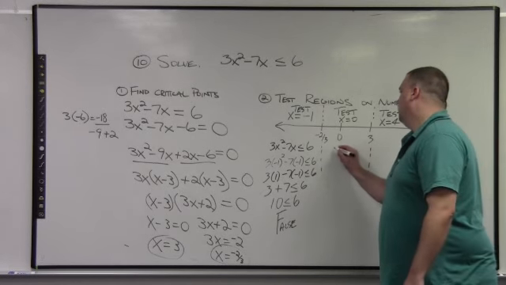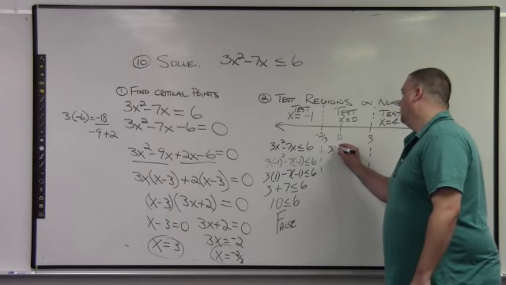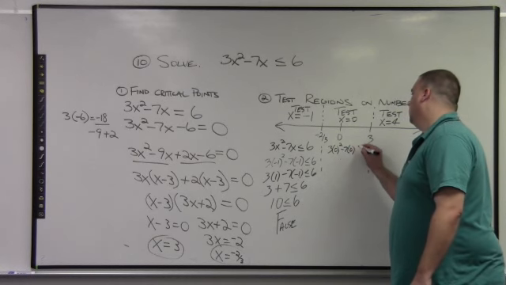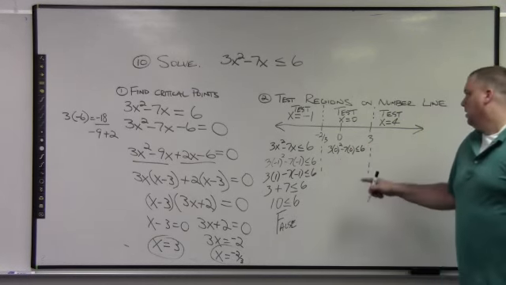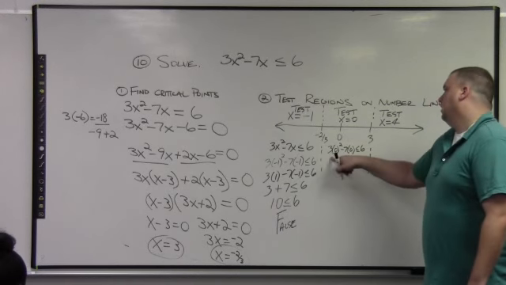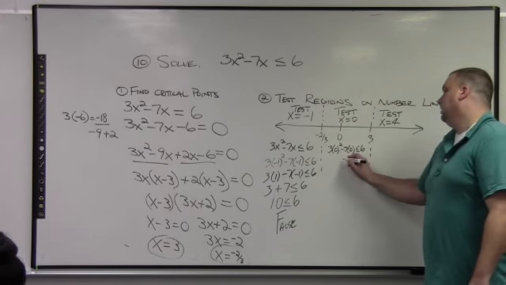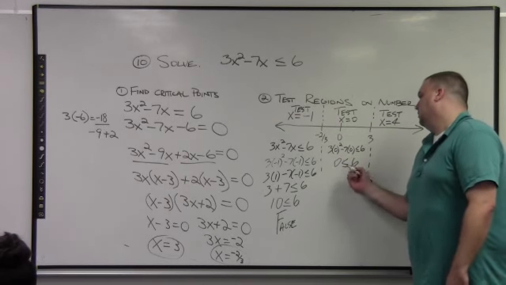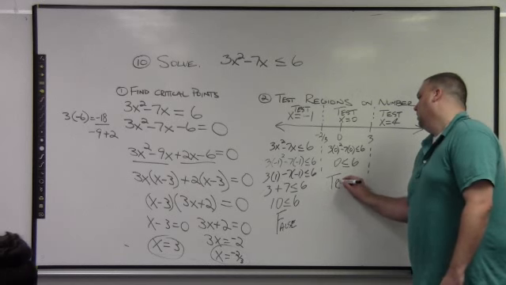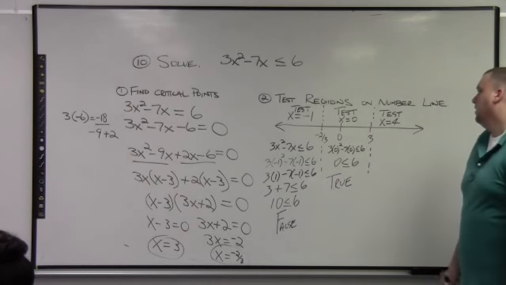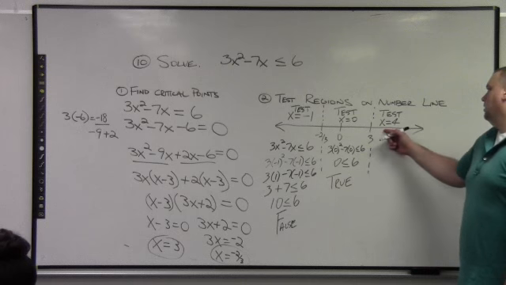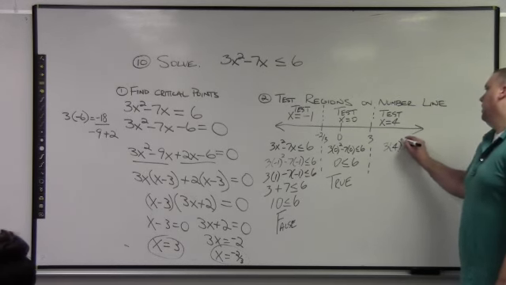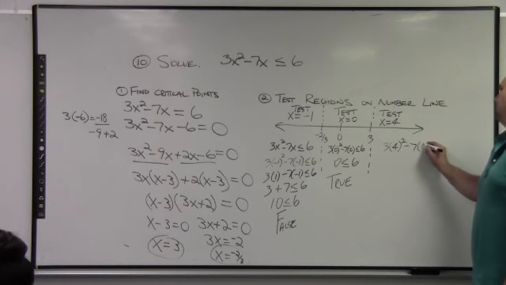We're going to test 0. So if I plug 0 in for x, what will I have left on the left side? 0. And is 0 less than or equal to 6? Yes. That's true. So we'll move to testing x equal to 4. 3 times 4 squared minus 7 times 4.